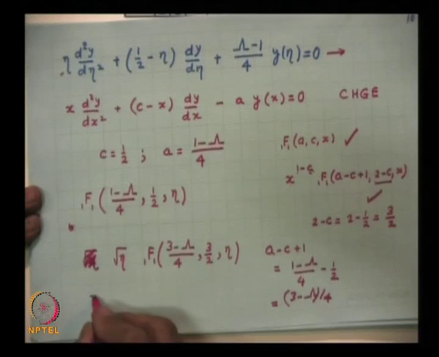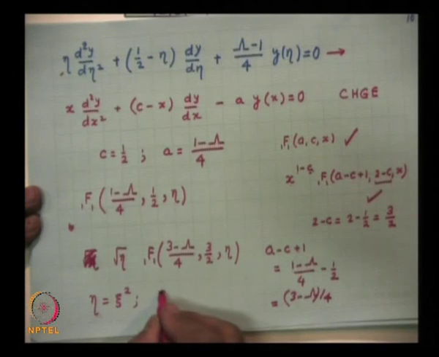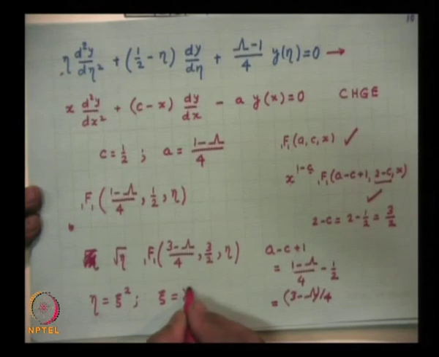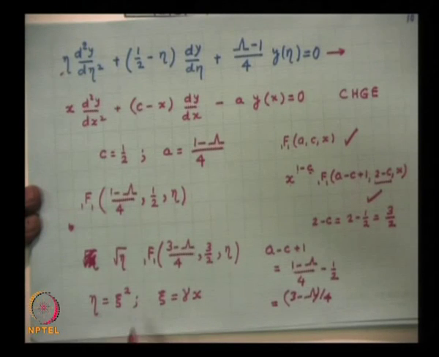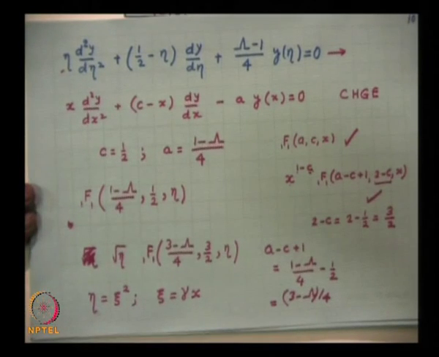And as you know, eta is equal to xi square, and xi we had said was proportional to x. So, eta is actually gamma square x square.